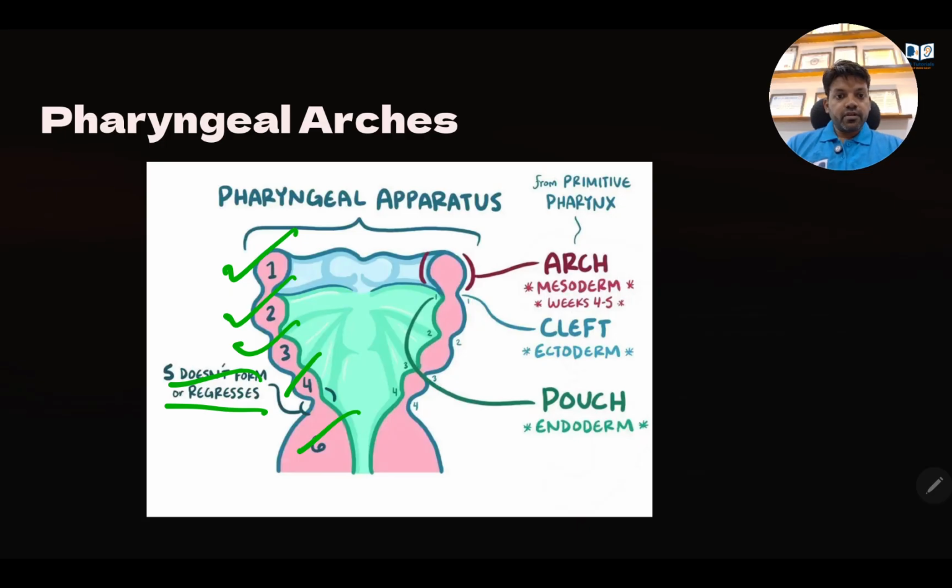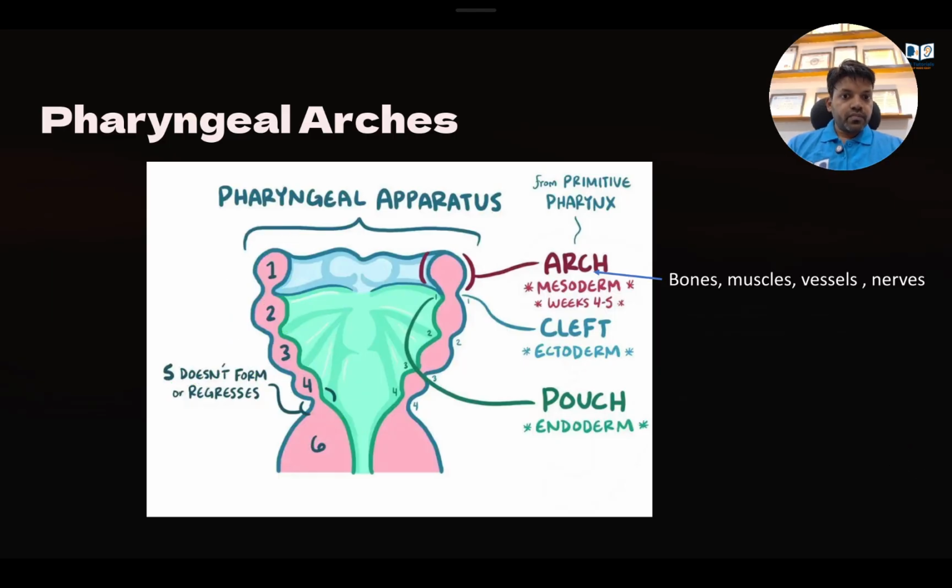So by the fourth or fifth week, the structures formed from this are bones, muscles, nerves, and vessels. So all these important structures of the body are actually formed from the mesoderm. No need to worry about the heart right now. This is just for your understanding.